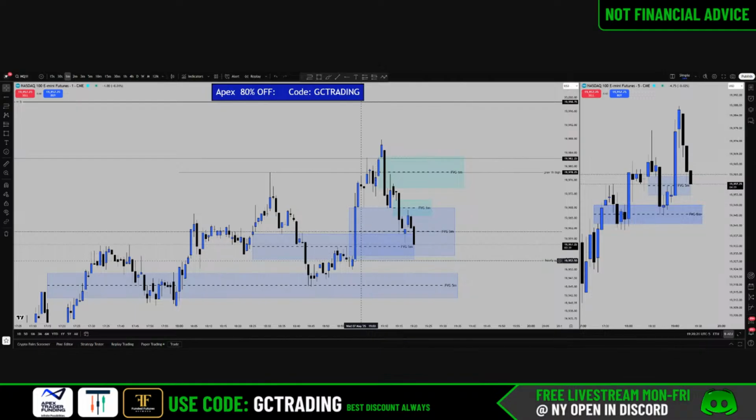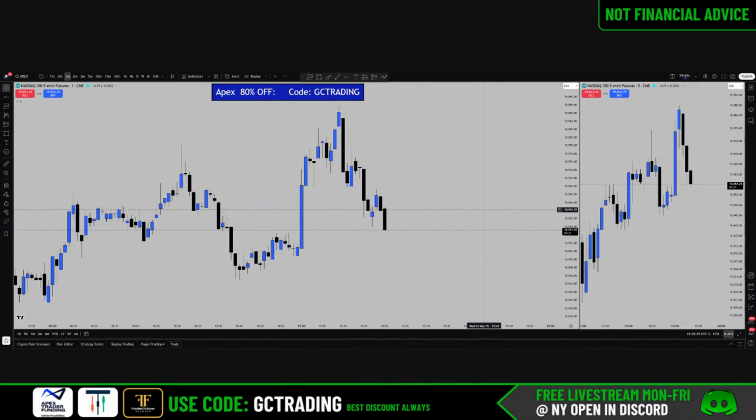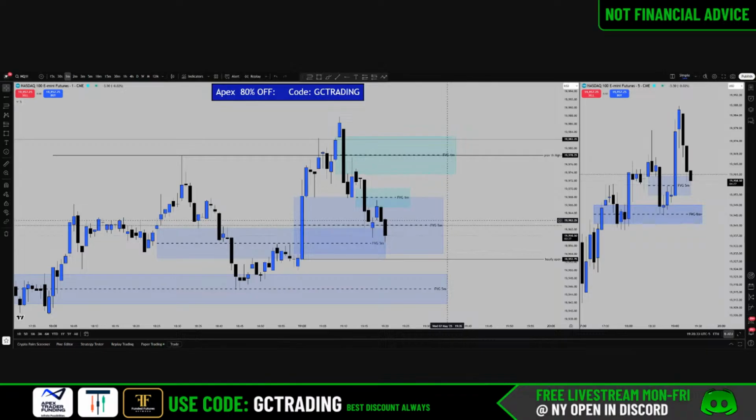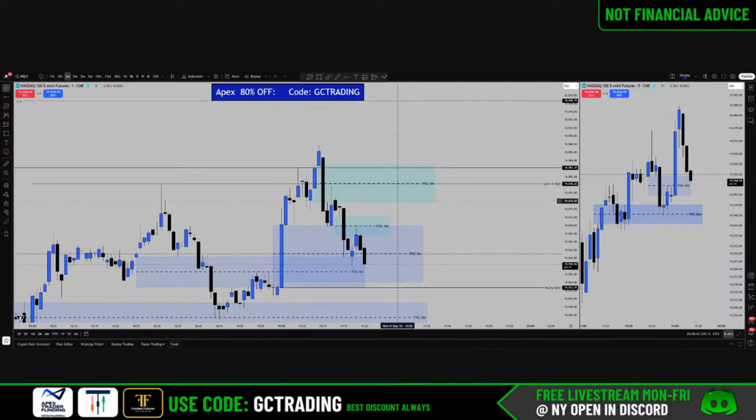Okay, hourly open is right here. Can it get the hourly open? Or are we creating SMT? Maybe a little bit of SMT. So if we do flip strong through here, we see a nice buy sequence. I might look to get long here.